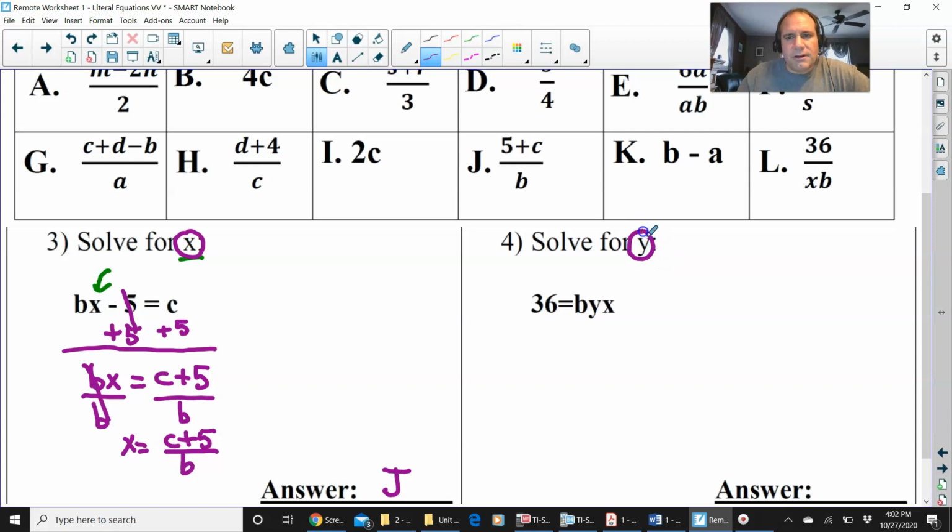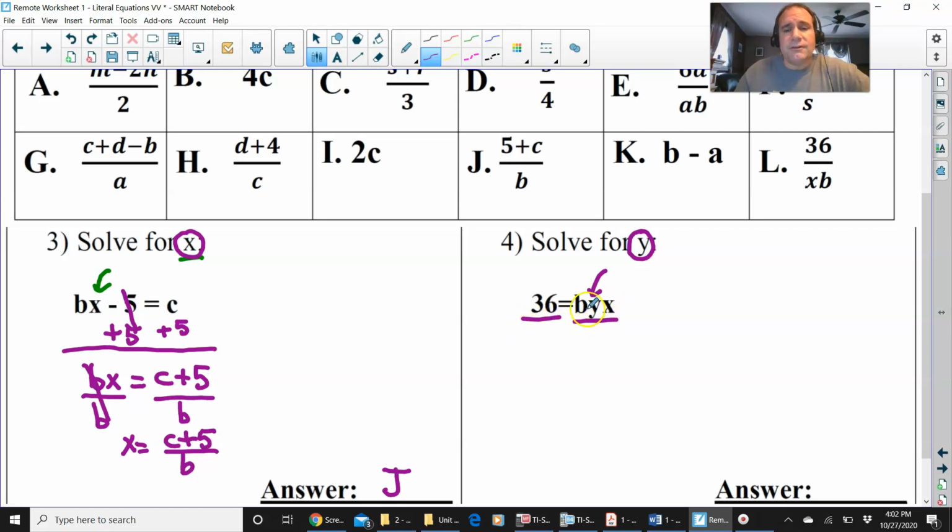So for number 4, I want to solve for y. If you want, you could press pause now to try the problem and then watch the review. You can press pause and try the problem now. Okay, so I'm going to put an arrow right here to make myself aware that I want y alone. Remember what I told you before, this is all multiplication here, b times y times x.